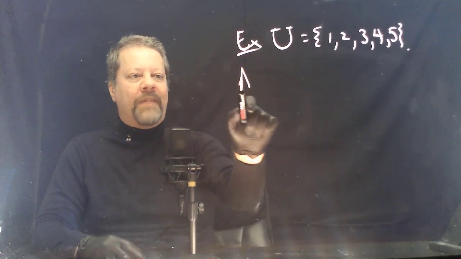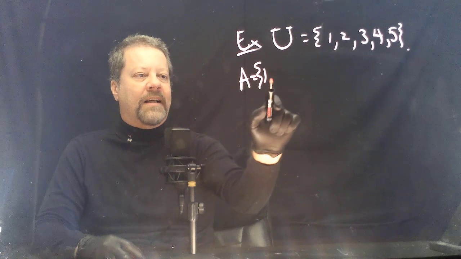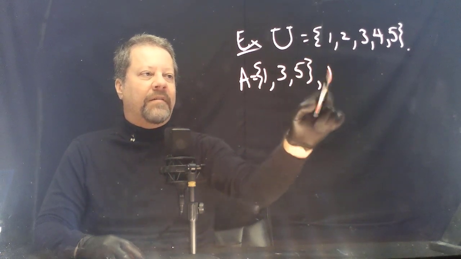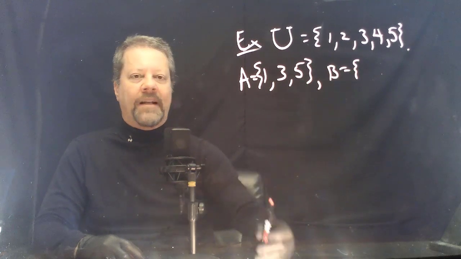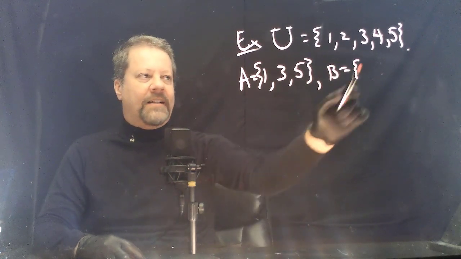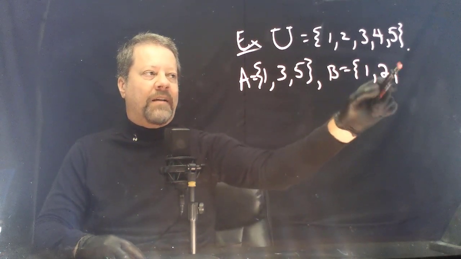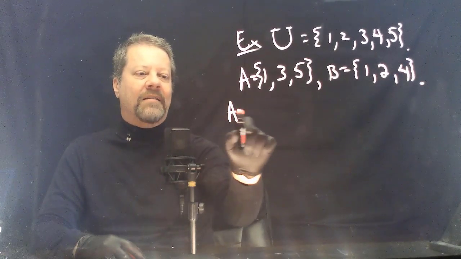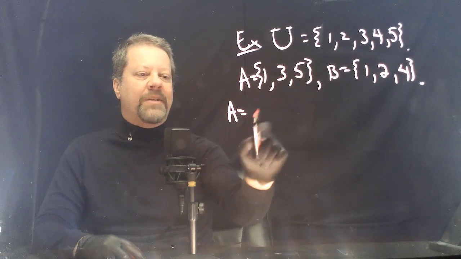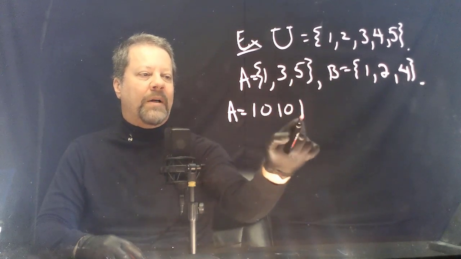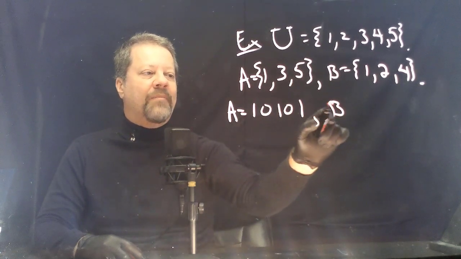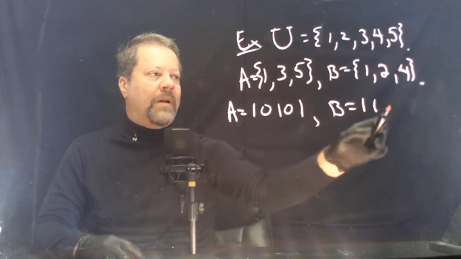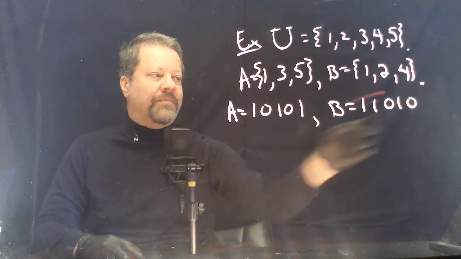Continuing, suppose we have a set A that contains 1, 3, and 5, and another set B that contains 1, 2, and 4. Notice that A is then represented by the bit string 1, 0, 1, 0, 1, whereas B is denoted by the bit string 1, 1, 0, 1, 0.